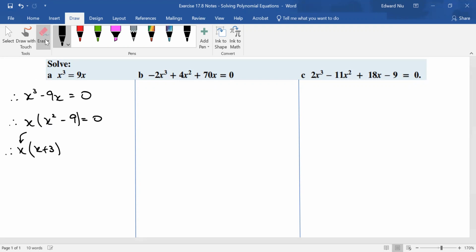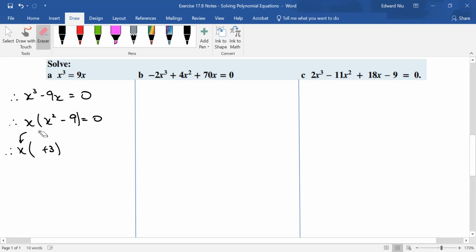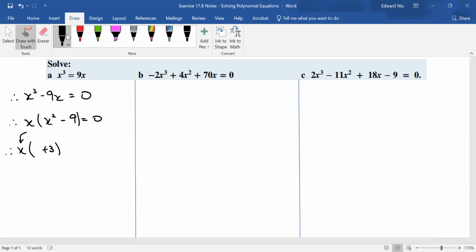That looks like a k. Let me just redo that. Going to have an x plus 3 brackets and then an x minus 3 brackets equal to 0, as our 2 brackets, which are factorized from the x squared take 9 due to the difference of perfect square rule. Okay, so this branches out into these 2.